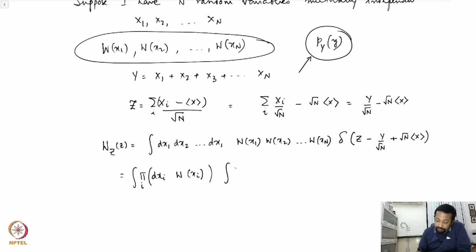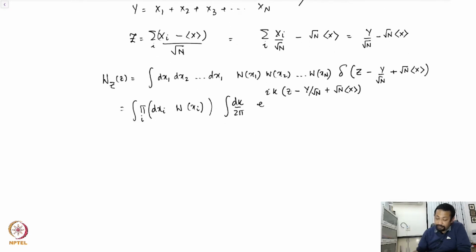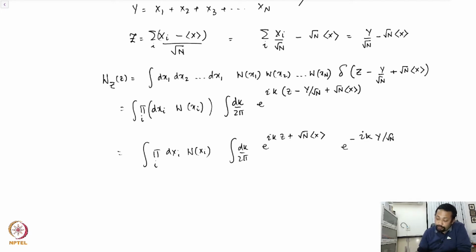And this delta function, I want to replace with an integral representation, e to the power ik times (z minus y over square root n plus square root n times average x), right? So I have the product over i of dxi w of xi, and if I look at this over here, square root n times average x, and I have minus ik y over square root n.